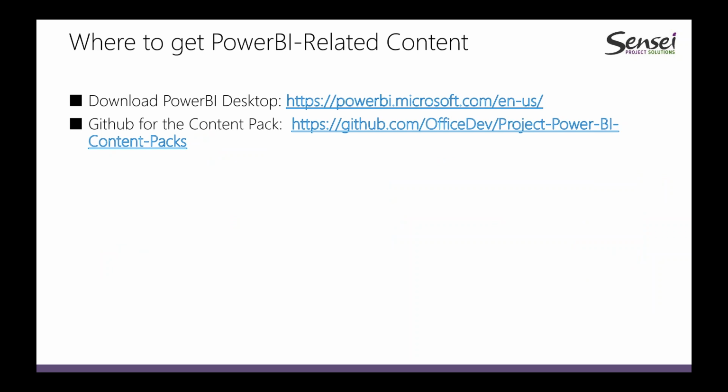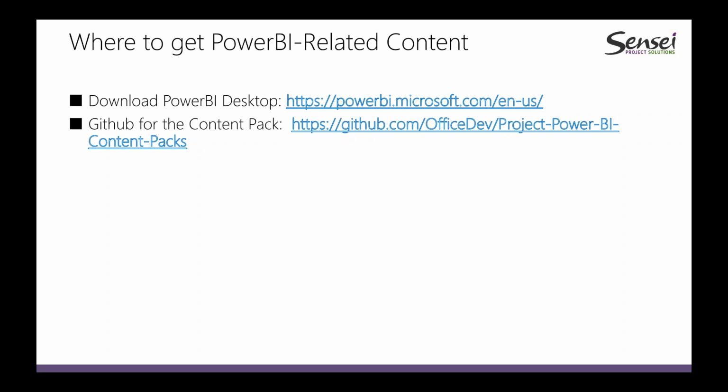So a couple of key links, and this is, if you want to follow along, definitely want you to be able to download Power BI Desktop. You can get that from powerbi.microsoft.com. And you can also, the Power BI content pack that was just released, you can enable that in your Power BI service.